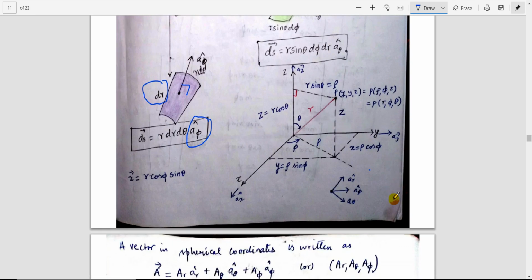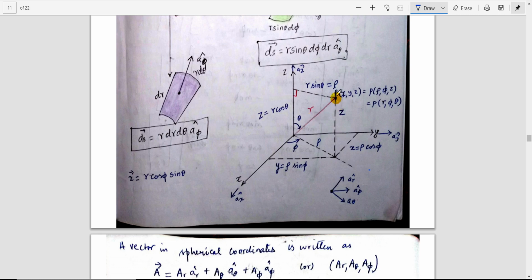Okay. Here comes the next important part of the video. We have mentioned the three vectors of the Cartesian coordinate system, that is x, y and z. With the help of this Cartesian coordinate system only, we are going to represent the components of the spherical coordinate system.